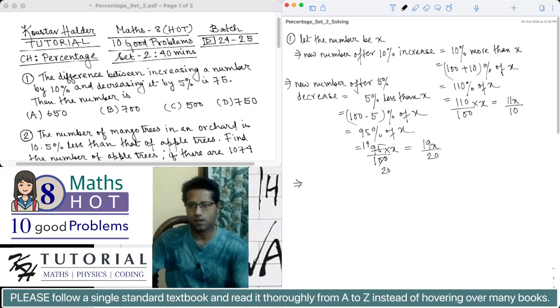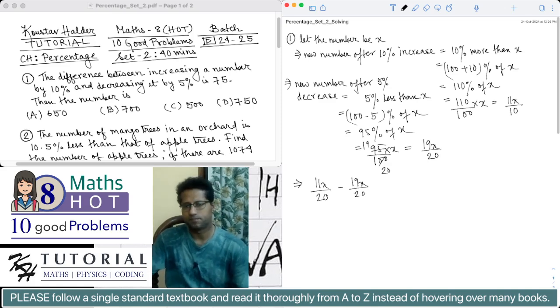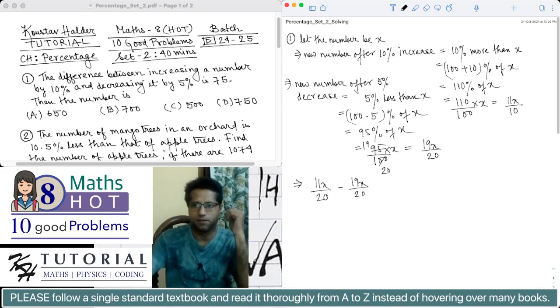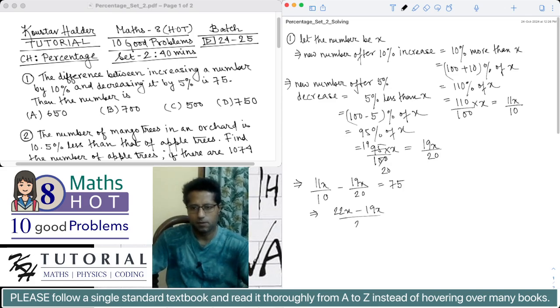So quite obviously, we must have 11x by 10 minus 19x by 20 has to be equal to 75. Now, if you simplify the LHS, we have 22x minus 19x divided by 20 is equal to 75.